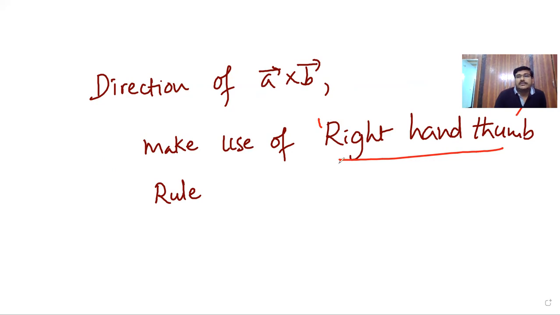Very important. You should not have any confusion about the direction. You should be able to find it easily. Observe, here I take up the right hand thumb rule. Let us see.